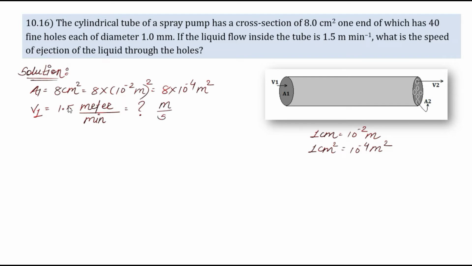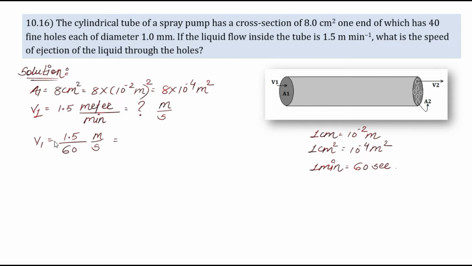As we know, 1 minute is equal to 60 seconds. So we substitute this conversion here and we get 1.5 upon 60 meter per second as V1 in SI unit.